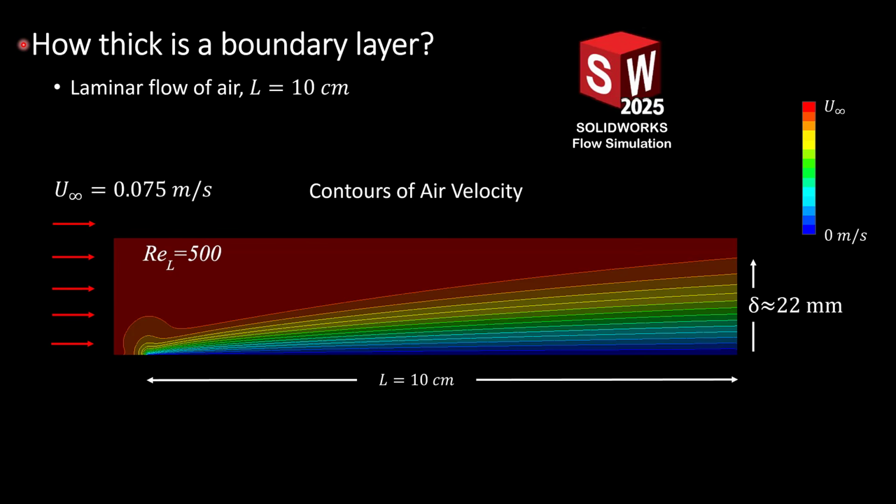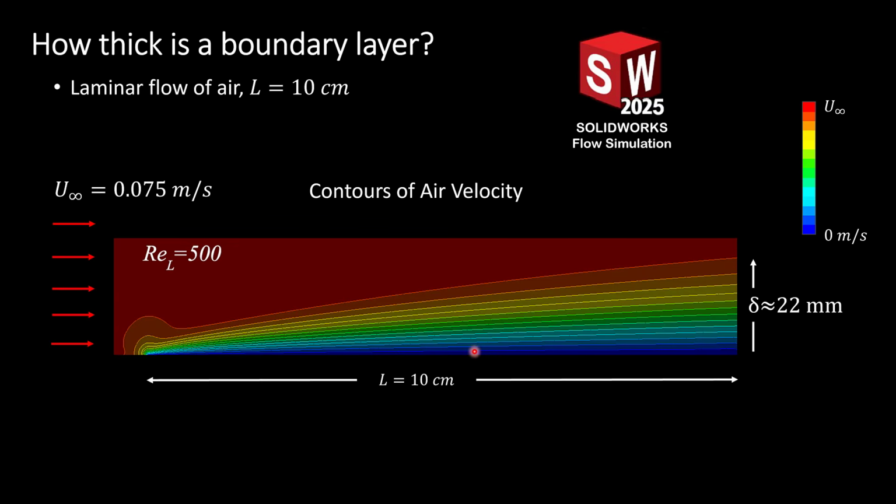So now you know what a boundary layer is, you might wonder, how thick is a typical boundary layer? To illustrate this, I've done a quick CFD calculation of laminar airflow over a flat plate with a length of 10 centimeters. This was done with SolidWorks Flow Simulation. This image shows contours of constant velocity.